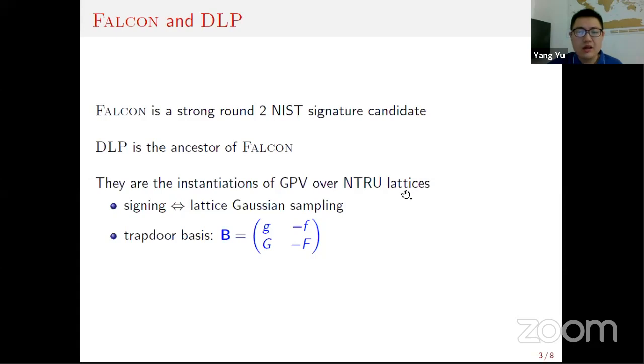For a GPV hash-and-sign scheme, the signing algorithm consists in lattice Gaussian sampling. When it is over NTRU lattices, the sampling basis, or the trapdoor basis, is the NTRU basis, in which four elements are short polynomials, and g and f are the NTRU secret key.